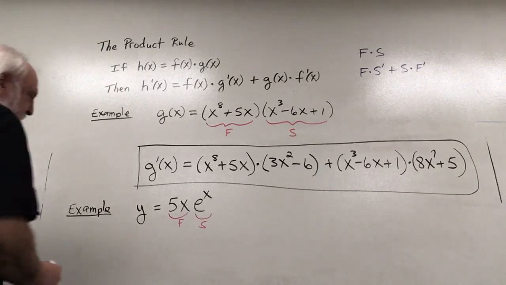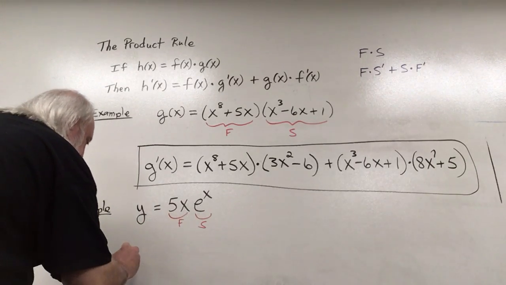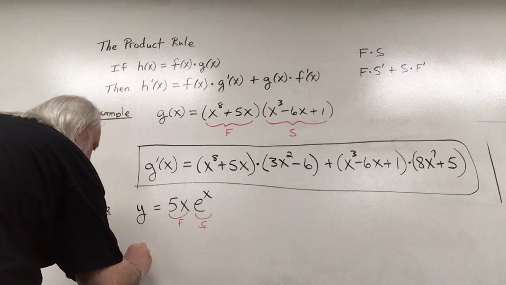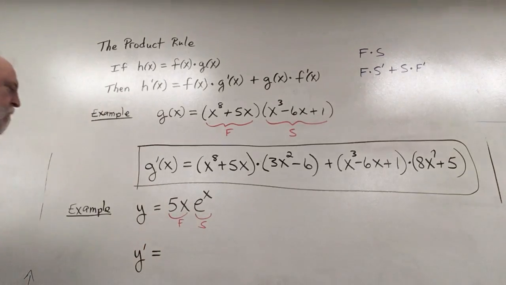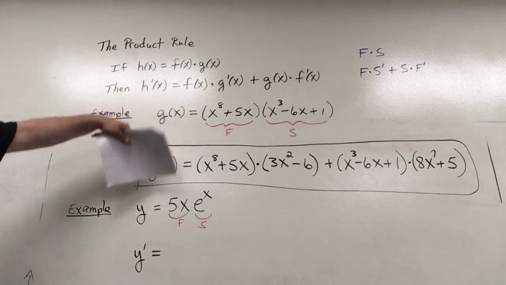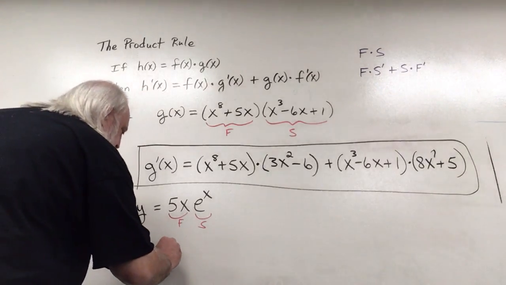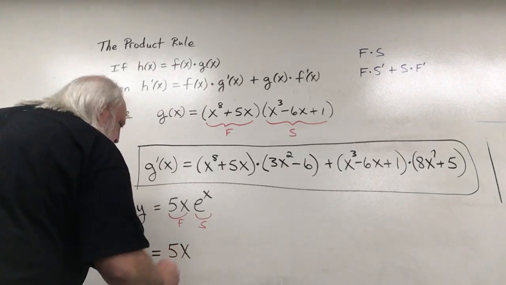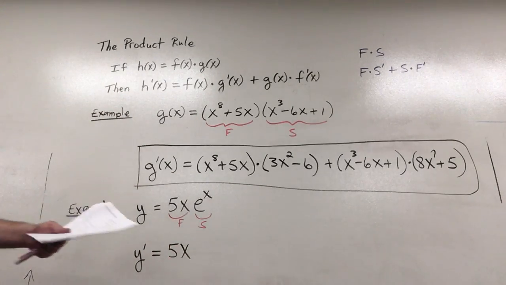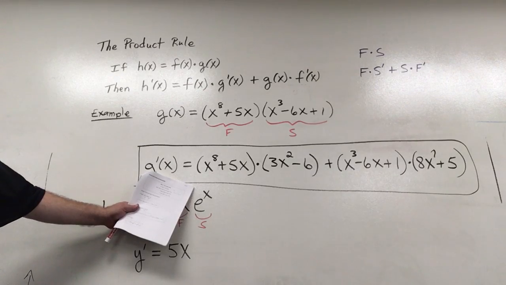So the derivative of this function, which we denote with y prime on the left-hand side, using this form of the product rule on the right-hand side, we have the first function 5x times the derivative of the second function. Well, the second function is e to the x.